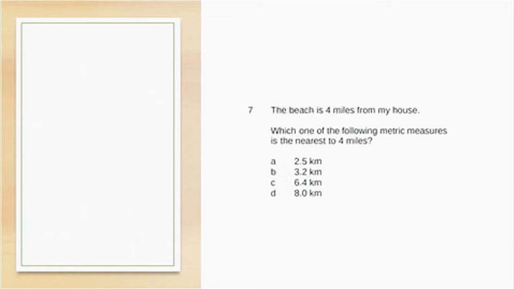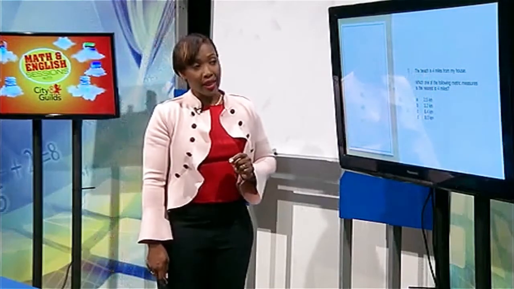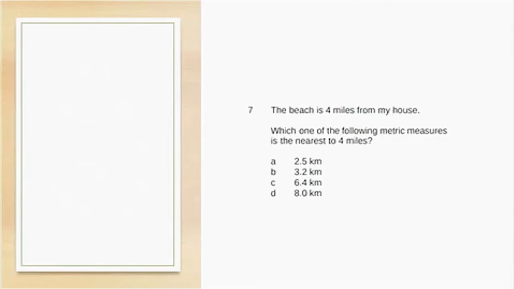All right. Next question. The beach is 4 miles from my house. Which one of the following metric measures is the nearest to 4 miles? Well, there are some things that you have to know in order to assess this question.